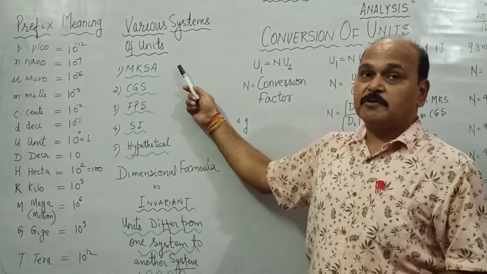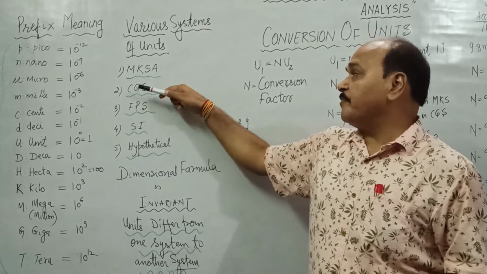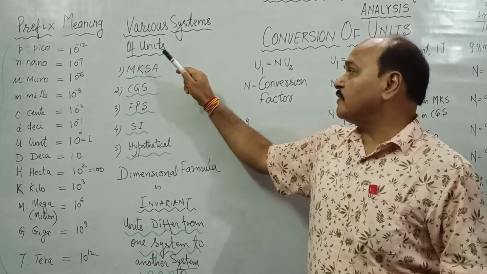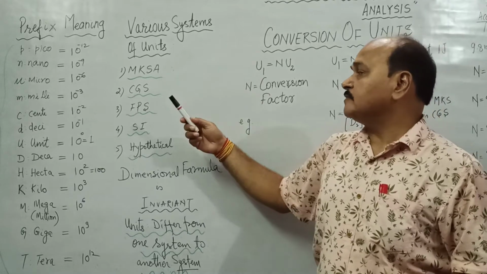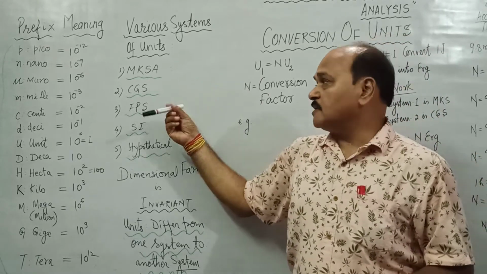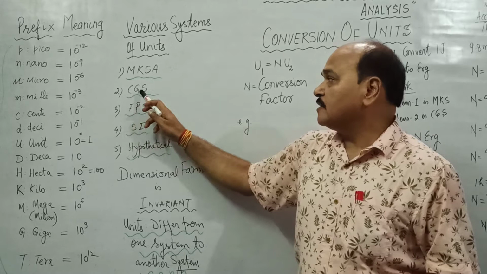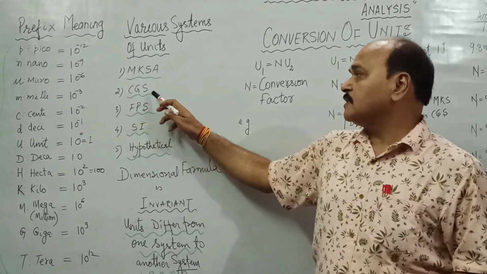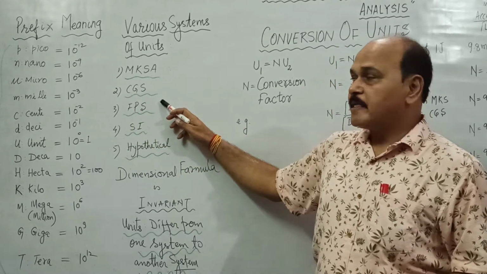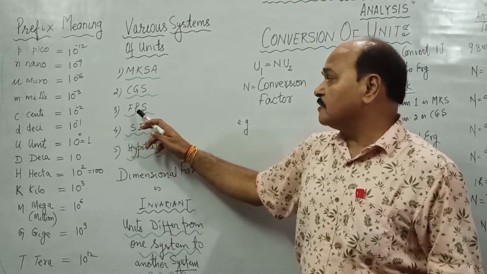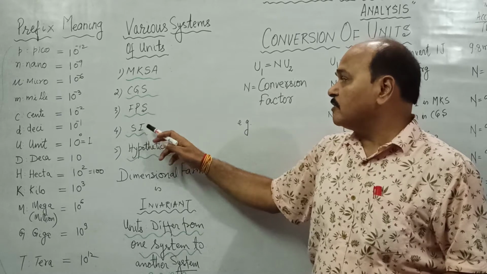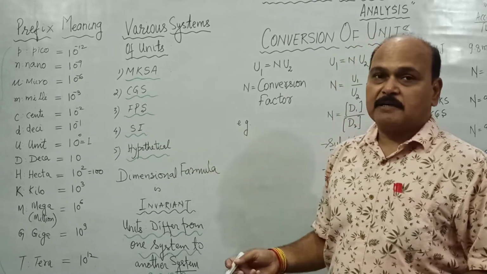So in this system, the unit of length is meter, unit of mass is kilogram, unit of time is second, and unit of electric current is ampere.